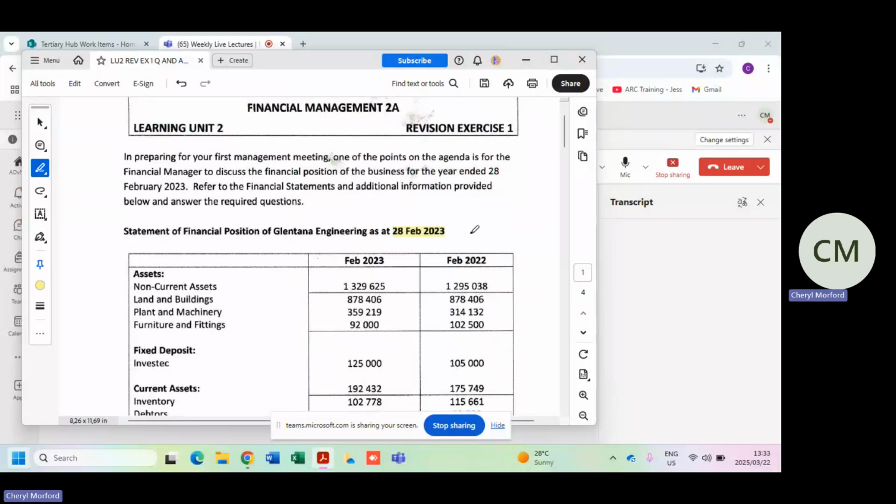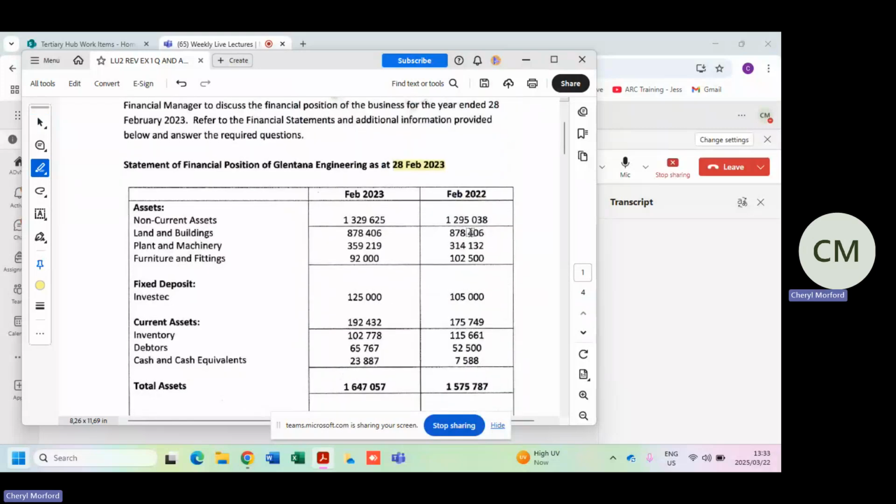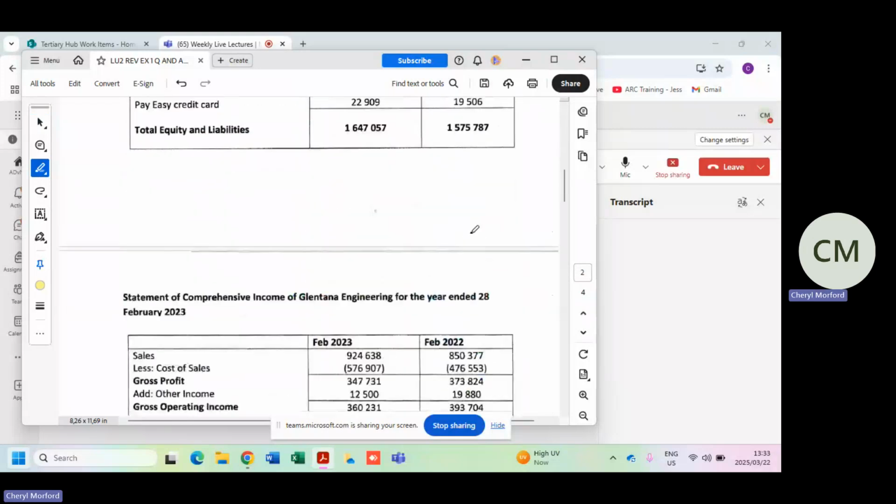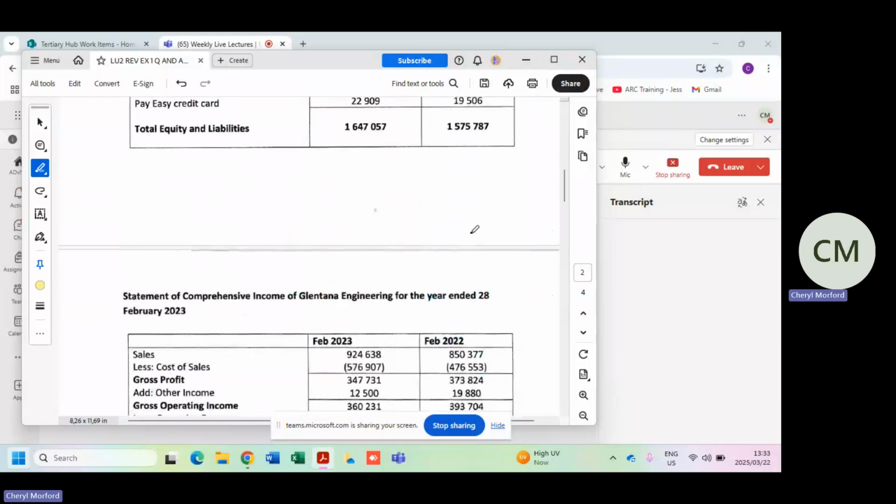So you're going to see that there's a comprehensive balance sheet and figures are provided for 2 years. You'll soon see why I've given you the values for 2022 as well. Then further down, we have the income statement at the same point in time, starting with sales.